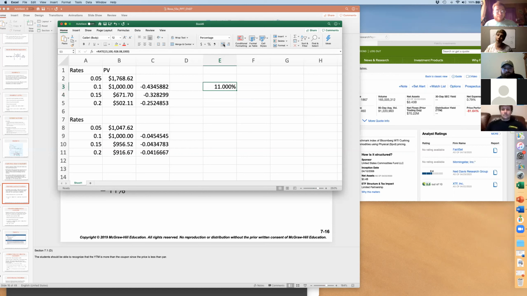What if we were to do this semi-annually? Well, this timeline changes. If it were semi-annual, first off, we'd have 30 six-month periods to get a coupon, but the coupon would be 10% of 1,000 divided by 2 payments per year, which is $50 apiece.